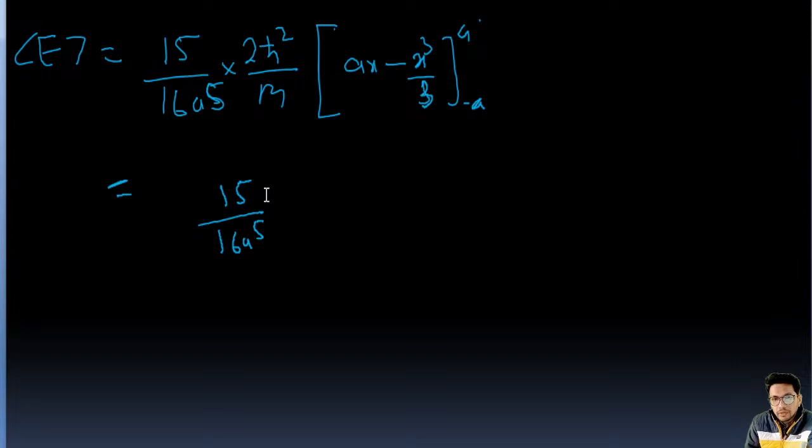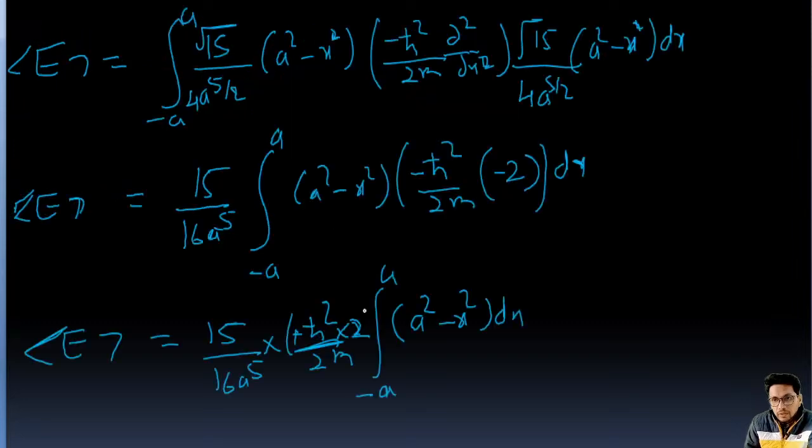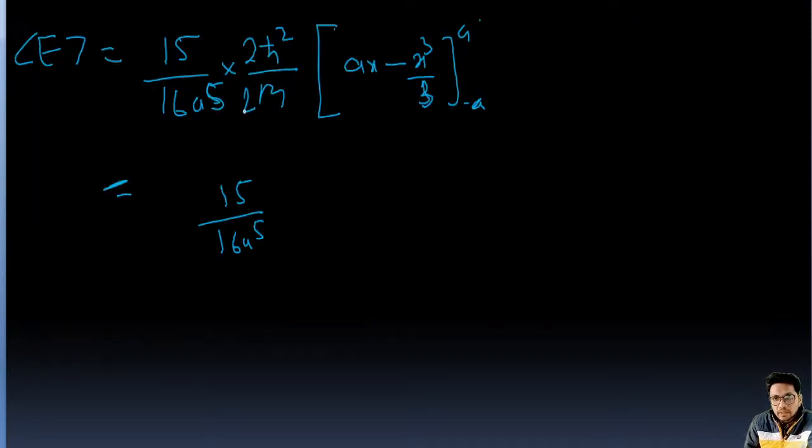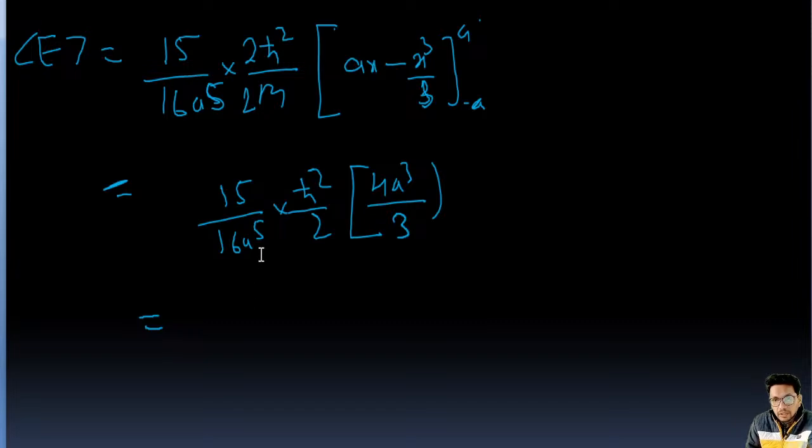This is 2m also here, the 2 will get cancelled, into h cut square upon 2m, and the value of this integral is going to be 4 a cube upon 3, so this is going to be 5 h cut square upon 4 m a square.